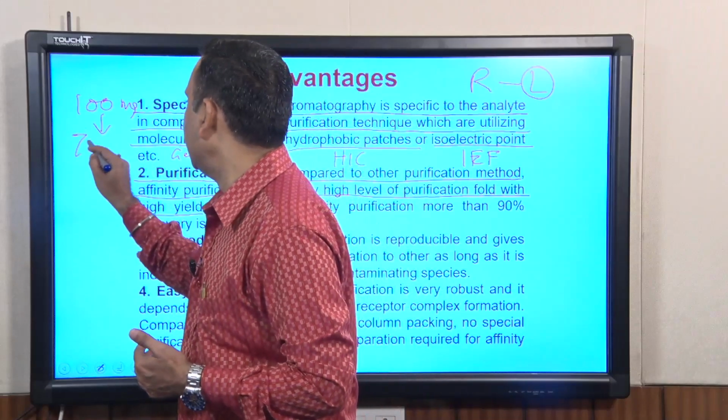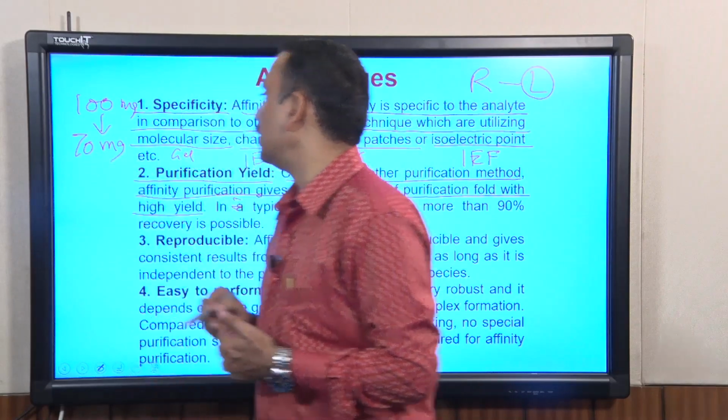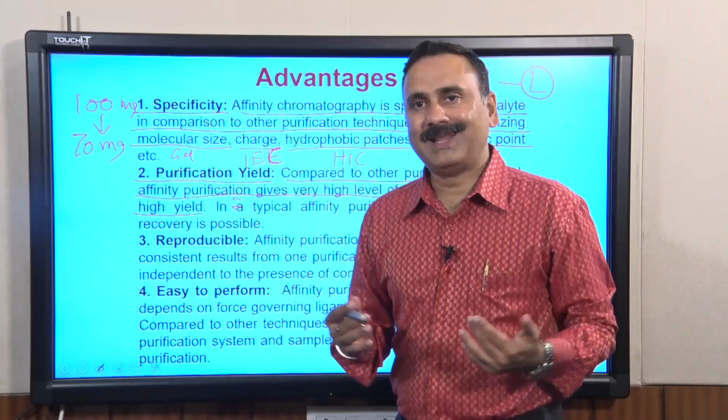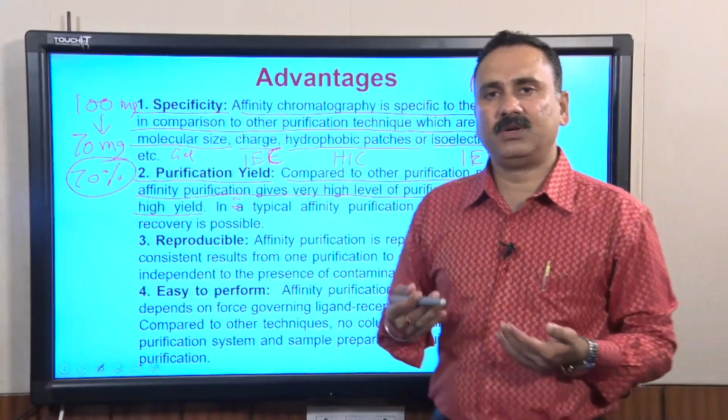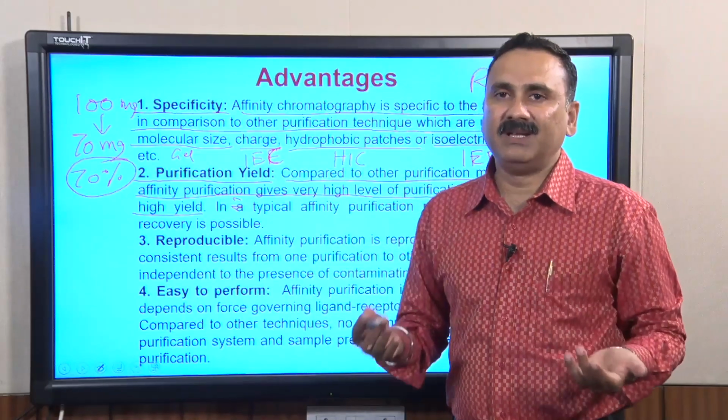Suppose I am getting 70 mg of protein, that means my yield is 70%. Okay. So, if you divide 70 by 100, you get 70%.